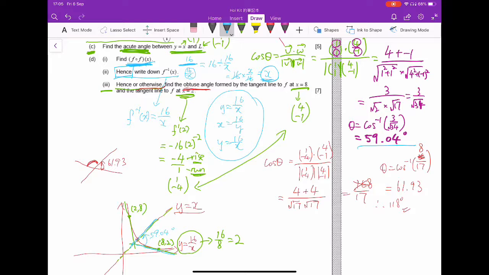Due to symmetry, the other side of the angle is also 59.04. That means the obtuse angle between the two tangent lines is just 2 times that. And if you press the calculator, you would get 118, which is the same as what we got.